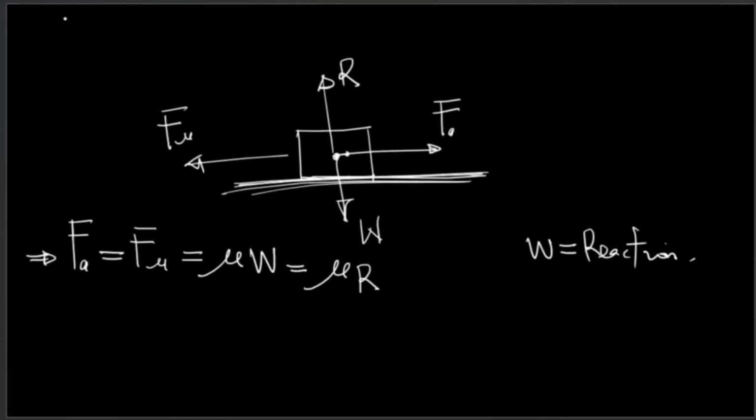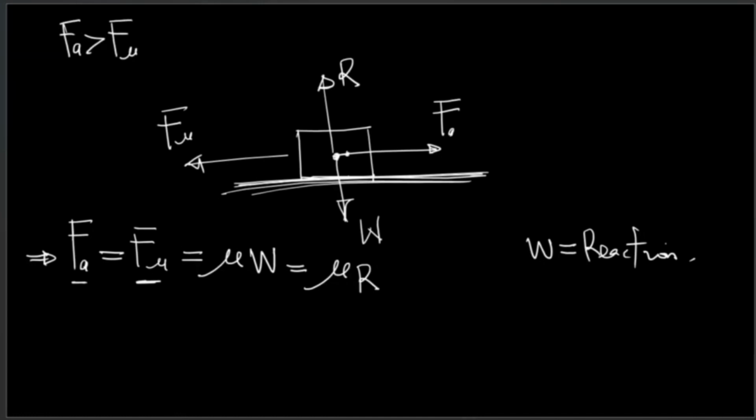So this is where the concept is coming from. The reason why I wrote this force causing the acceleration to be equal to the frictional force is because, from the force analysis, the accelerating force has to be greater than the frictional force.